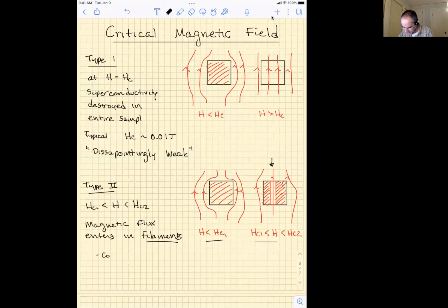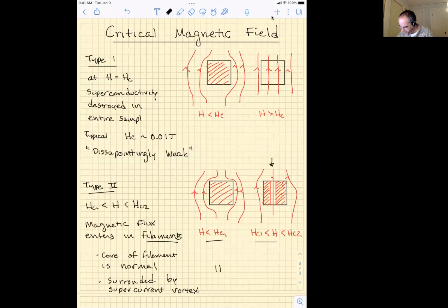And the core of the filament is in the normal state. And it's surrounded by a circulating vortex of supercurrent, which cancels out the magnetic field elsewhere inside of the material.